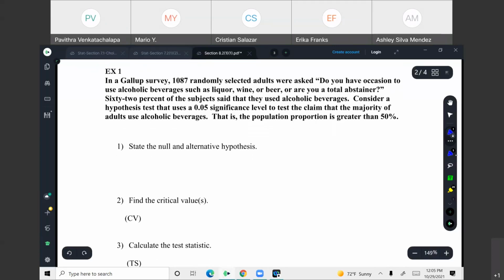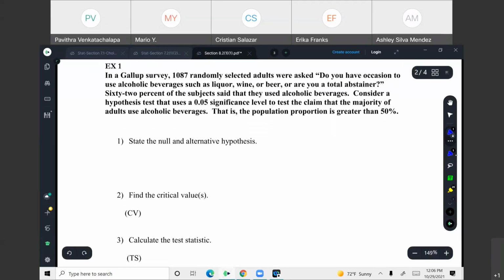Now let us do the first step. State the null hypothesis, which is H naught. So what would be the null hypothesis now? Now this is about proportion, right? It is about population proportion, so I'm denoting it by P. So the proportion is equal to 50%.